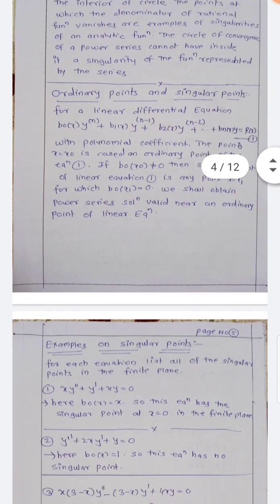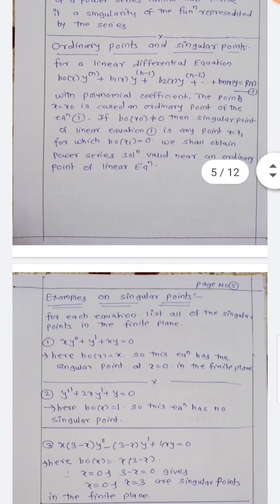Then we discuss what are the ordinary points and the singular points. For a linear differential equation as mentioned in equation 1 with a polynomial coefficient, the point x equal to x0 is called an ordinary point of equation 1 if the coefficient of the highest order derivative, that is b0 of x, is not equal to 0 at the point x0.